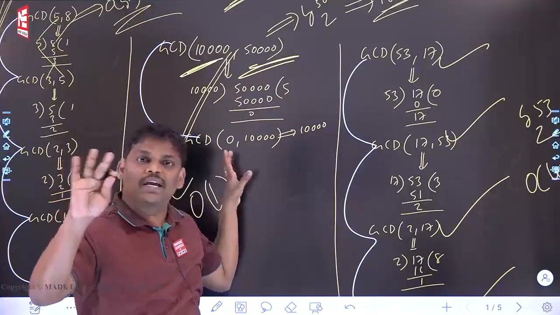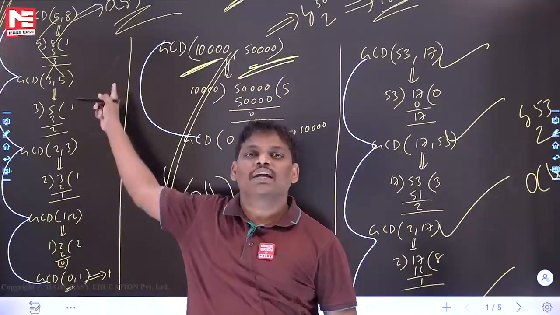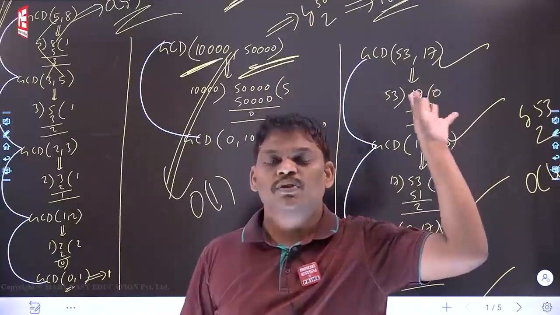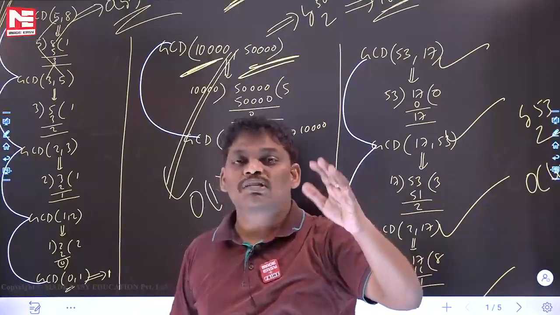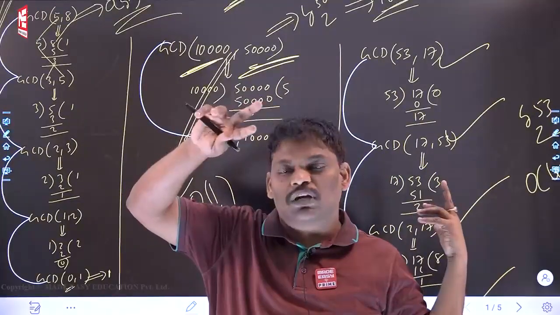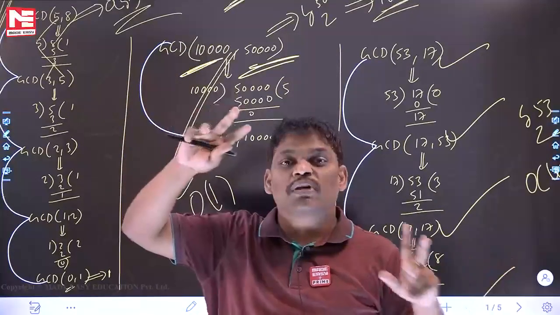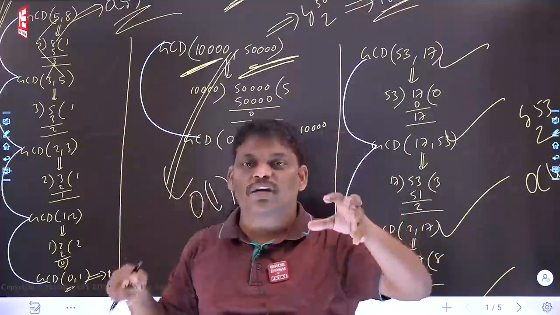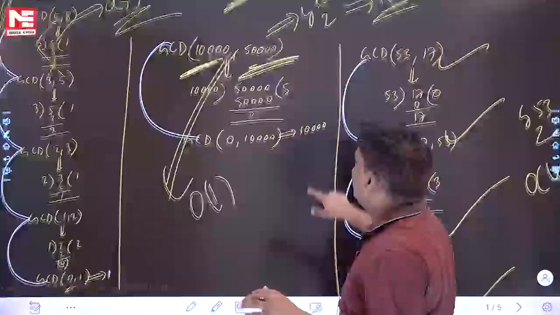Most of the time, GCD will behave like worst case, and that is called average case. It will go like log n. It is a very rare incident that GCD stops immediately. If the given two numbers are multiples of each other, best case will come. If consecutive Fibonacci numbers are given, worst case will come. The remaining cases are almost equal to log n only. Now let's see this. Let me give the conclusion.